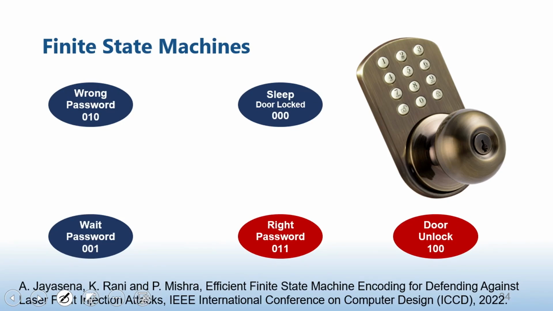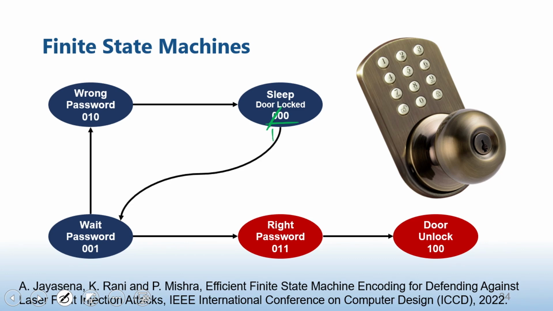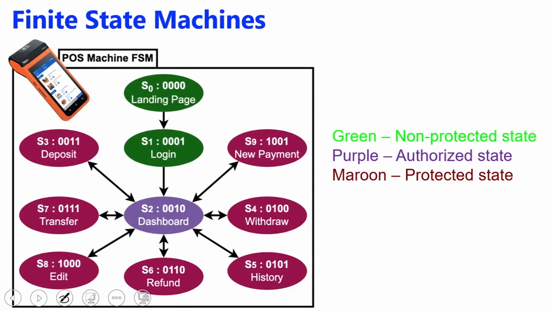The problem is when you have those values and you want to unlock the door. From the door locked state, all you have to do is flip just this particular bit to 1 and that would let you get in. We talked about it, and the reason it works.